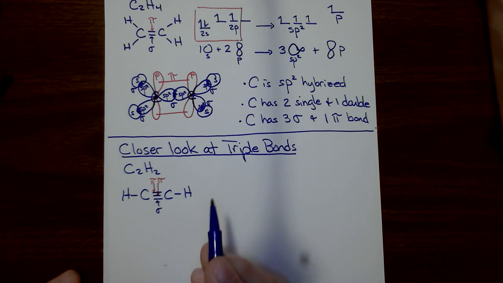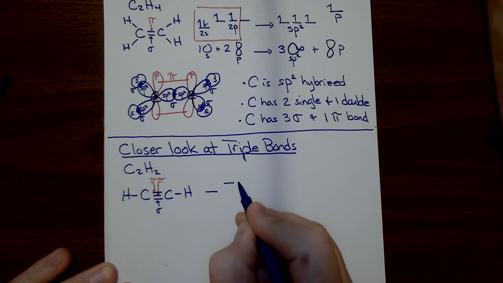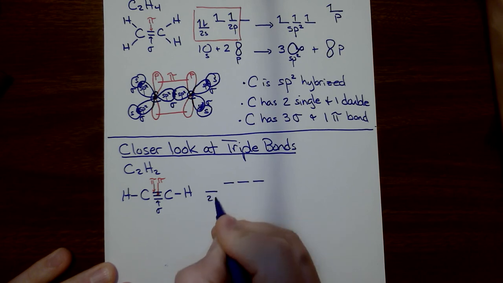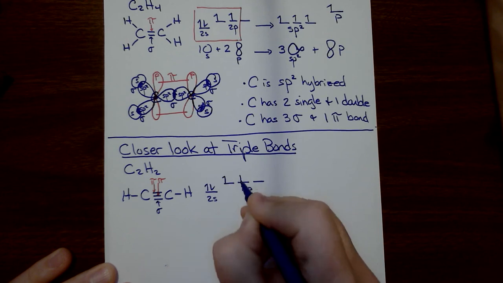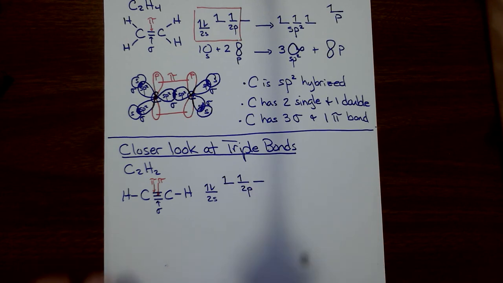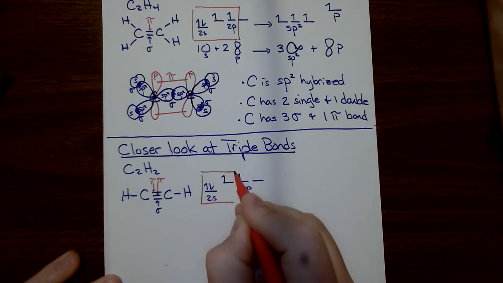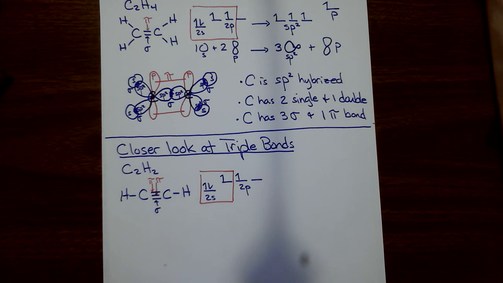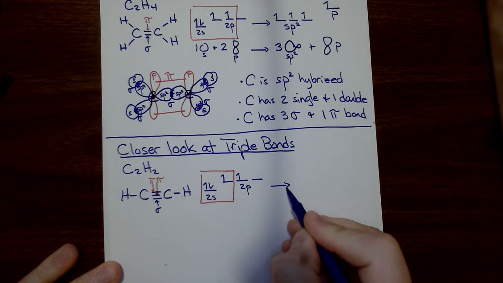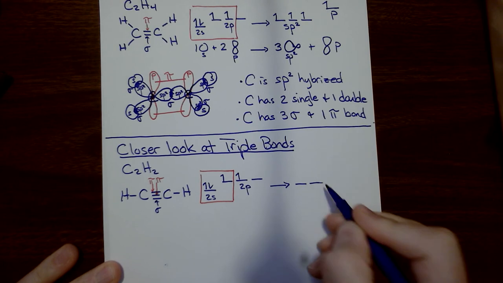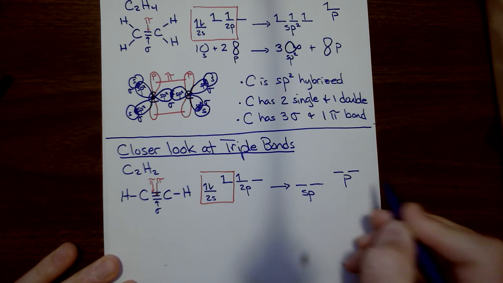Okay, now how does this happen? So we have our carbon with its orbital diagram of 2s, 2p with 4 electrons. It will hybridize, so it takes these two and hybridizes them, moves the electron over to the p, and so we get 2 sp hybridized orbitals and then 2 p orbitals.